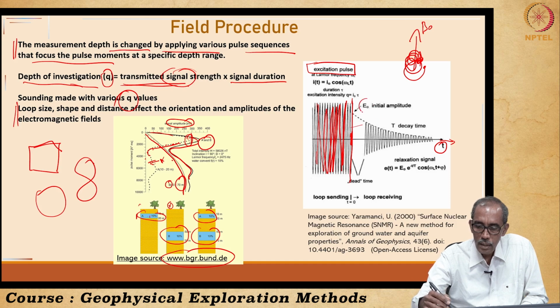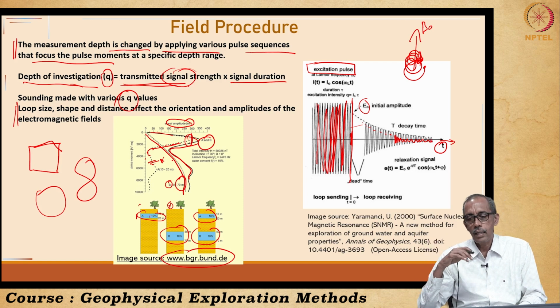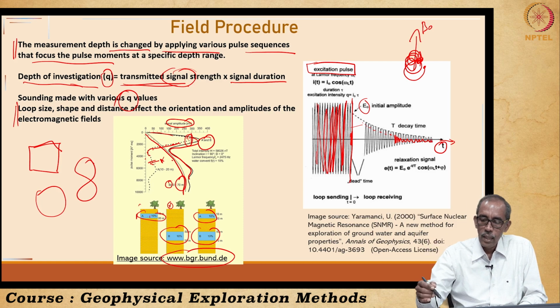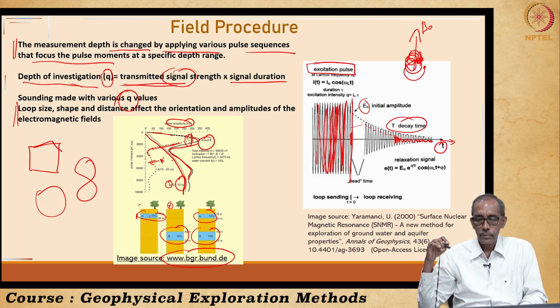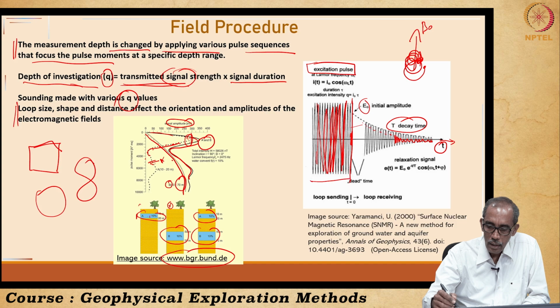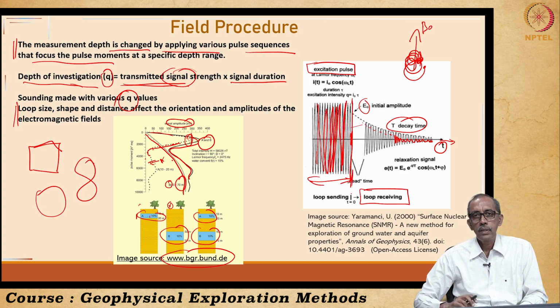This is the initial amplitude, and subsequently it slowly spins and reaches its original state. It now completely gets relaxed. This time is known as decay time T. The loop we have laid on the surface was transmitting. Now we switched off, the same loop is now recording or receiving the signal. This is how the survey is carried out in the field.